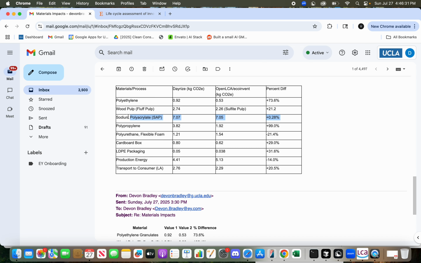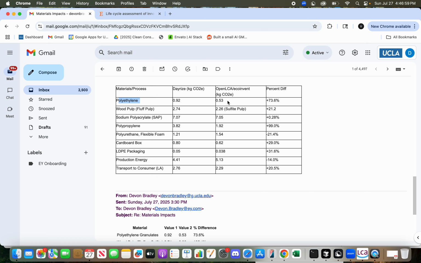Now, going into the actual materials and processes, this is where things get interesting. As I mentioned here, the sodium polyacrylate is very similar, which is pretty impressive given that I had to model this myself, and Dayrise was also able to model it pretty much in the same manner and arrived at a similar answer. However, when we look at the other materials, polyethylene, there's a 73.6% difference in the total carbon footprint that Dayrise got versus the value from OpenLCA.